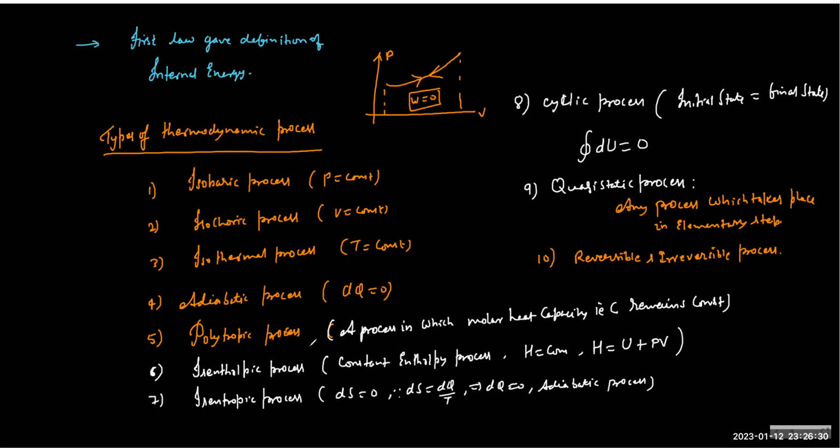So for an irreversible process, the path cannot be the same. If you go from one state to another state via path 1, and if the process is irreversible, can you come back by the same path?